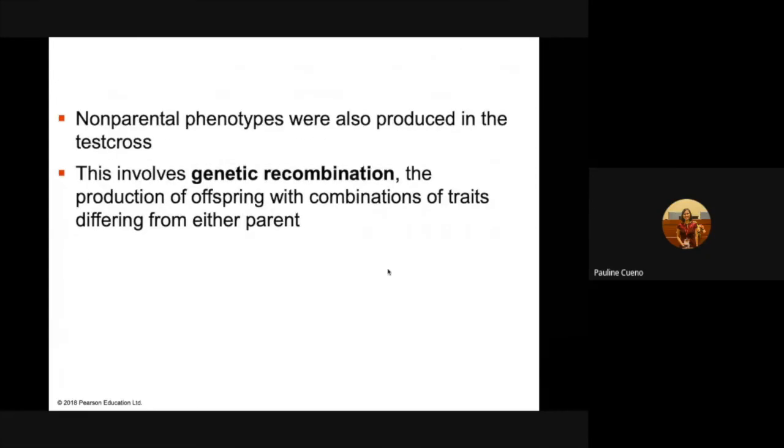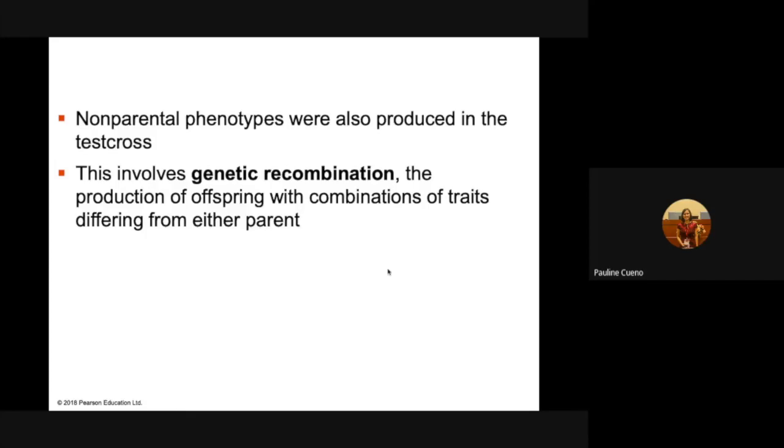And then there are also cases when non-parental phenotypes were also produced in the test cross. So halimbawa, in the human perspective, there are cases wherein meron kayong characteristic na hindi characteristic ng inyong magulang. Kasi di ba parang kung isipin mo, kung sa magulang ako nagmana ng alleles at saka ng genes, bakit meron akong non-parental phenotype?